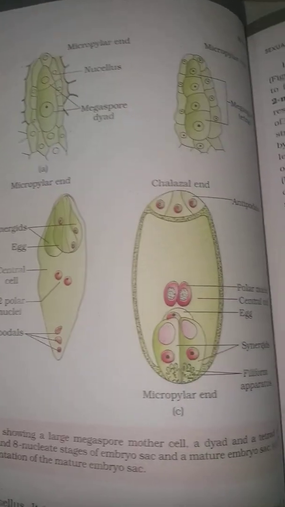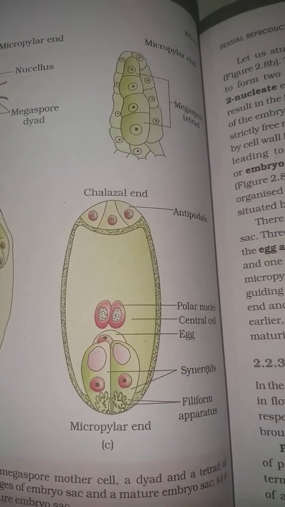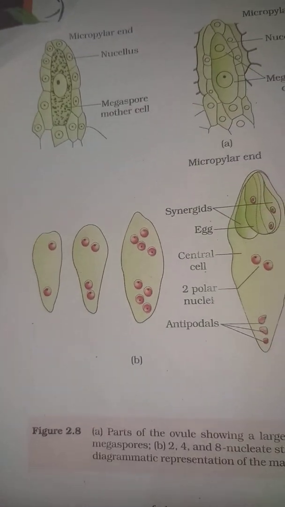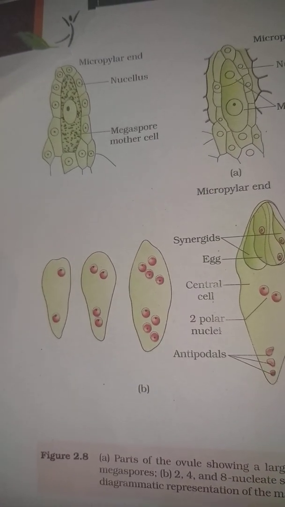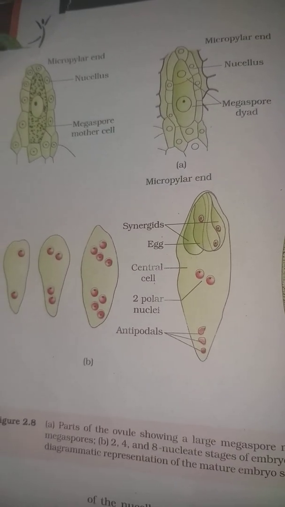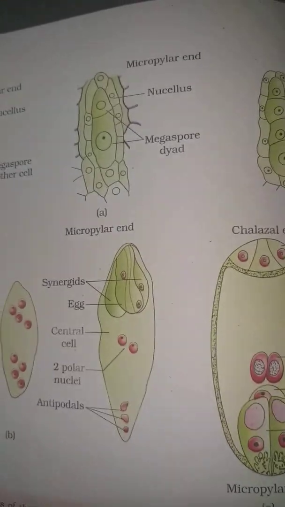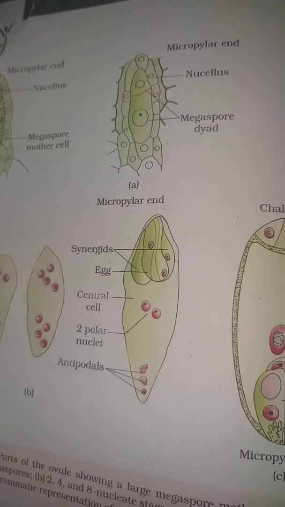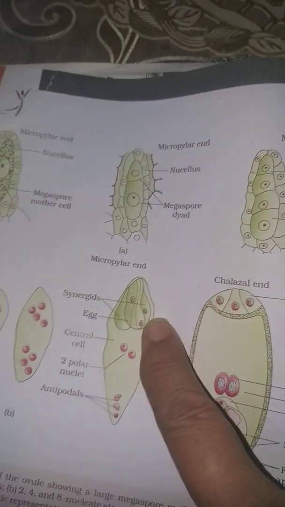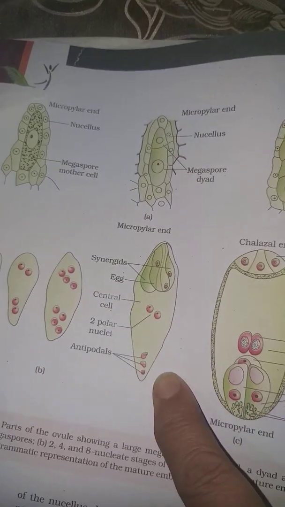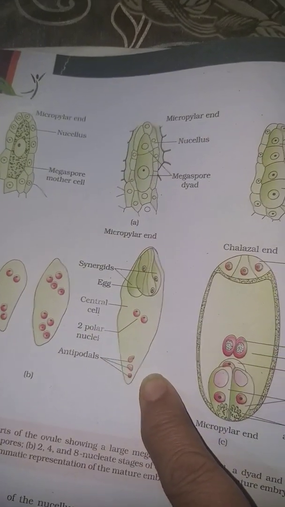Then again the tetrad, the 4-cell stage. Then from there 2:4, 4:8. So this is how the meiotic cell divides. And I said that 6 are enclosed within the cell wall. You see the upper part, the synergid part, synergids and the egg cell, the central 2-cell stage, and 3 antipodal cells.